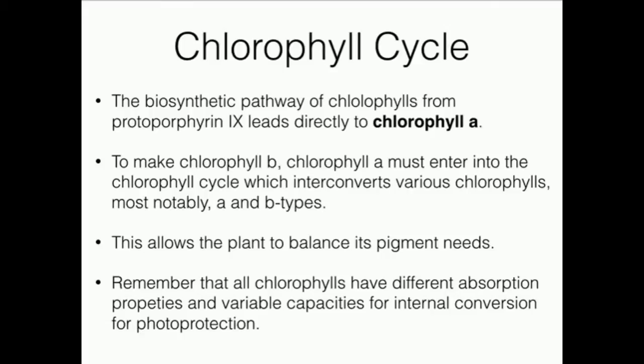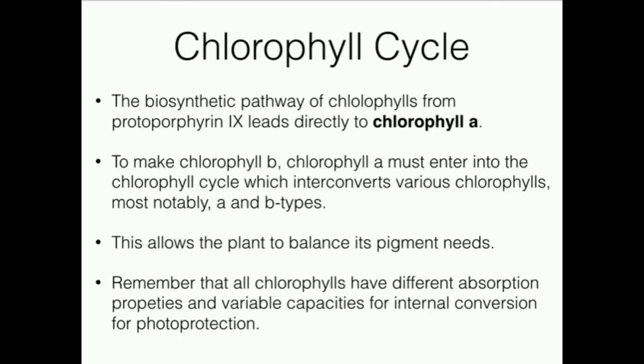Now, when chlorophyll is first biosynthesized by the plant de novo, the first one that's made is chlorophyll A, and then in general, pretty much all of the others come from chlorophyll A. In plants, the main two are chlorophyll A and B. We're going to see how we cycle between the different chlorophylls, and it's a pretty simple process, but most of the chlorophylls are going to come from chlorophyll A. The reason there has to be a chlorophyll cycle to make chlorophyll A and B is to balance the level of the pigments, because chlorophyll A and B absorb different wavelengths of light.